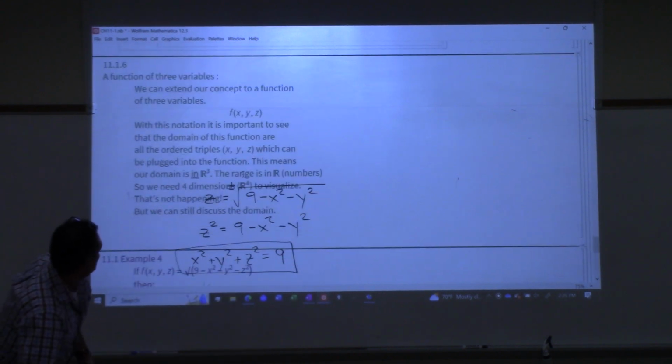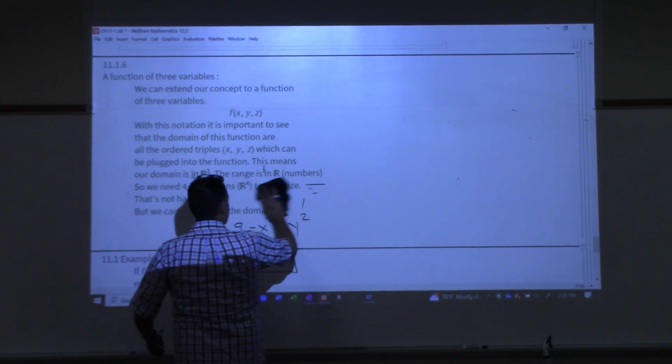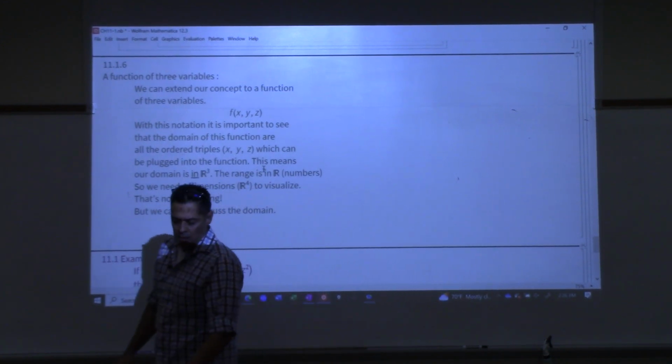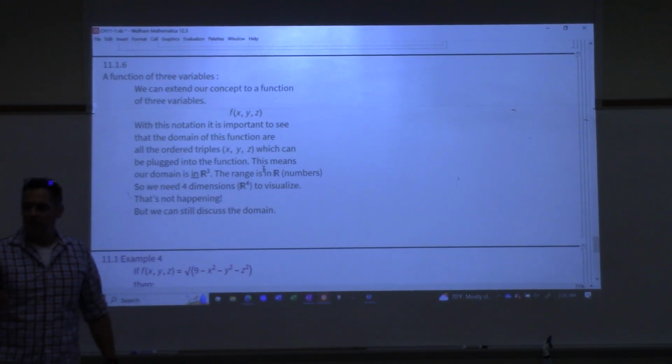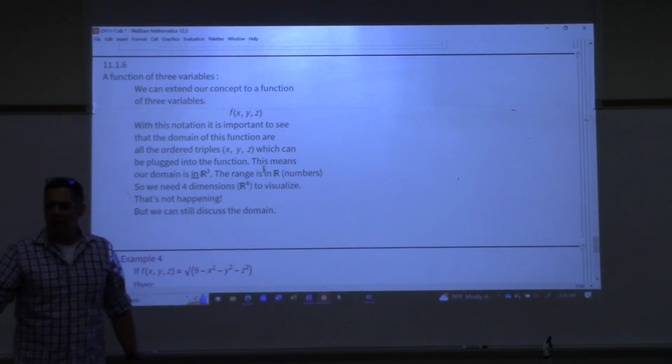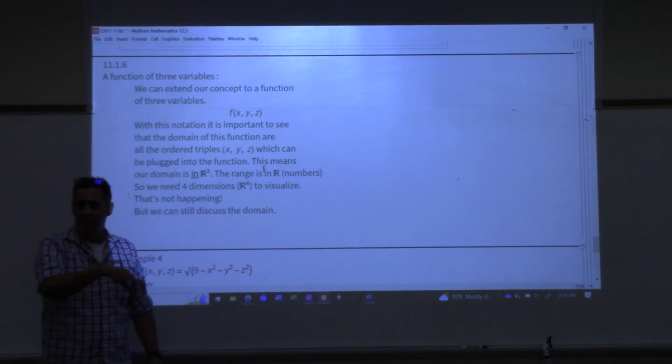All right, we have another one. Okay, this is a little bit weird, so pay attention. A little bit weird, not real weird. This idea can be extended, right? Right now, what we had was a function that took in x and y and spit out z, right?